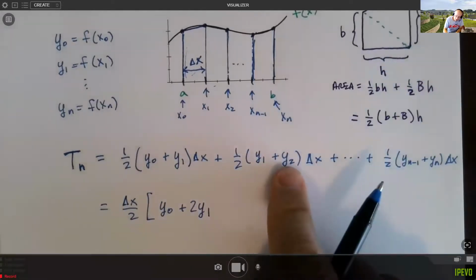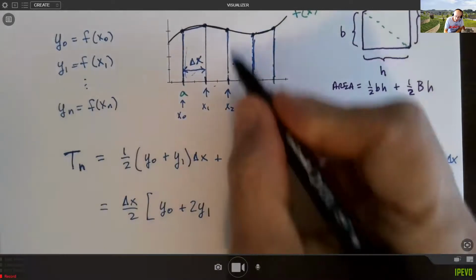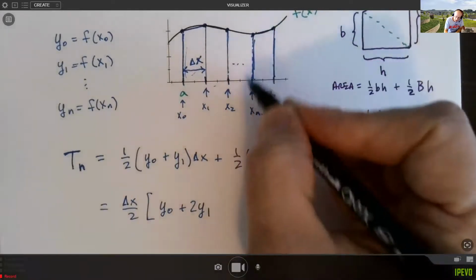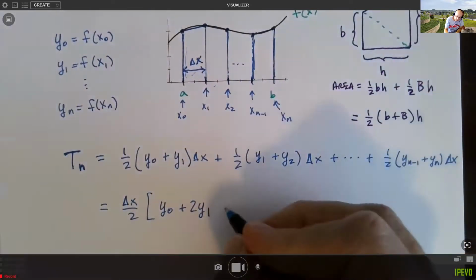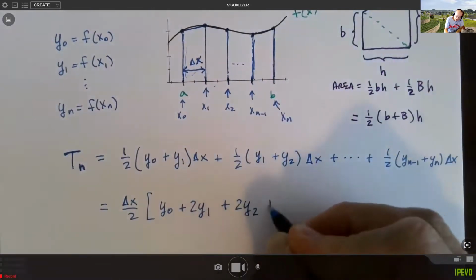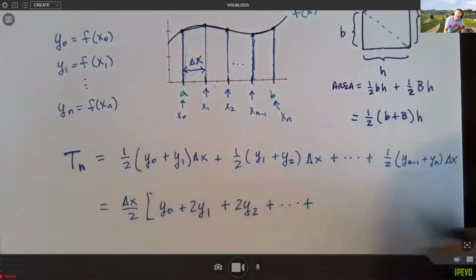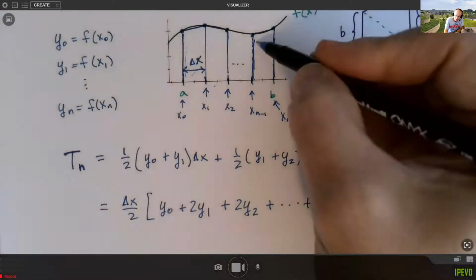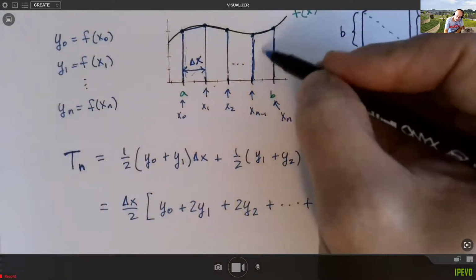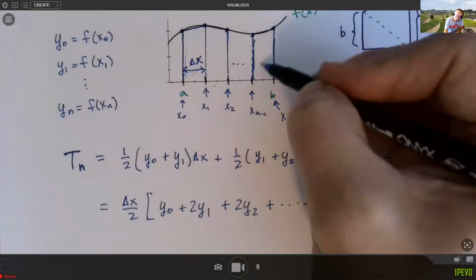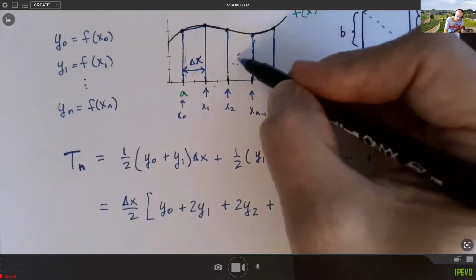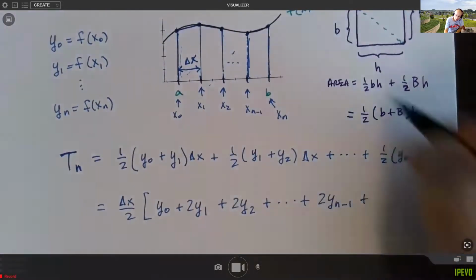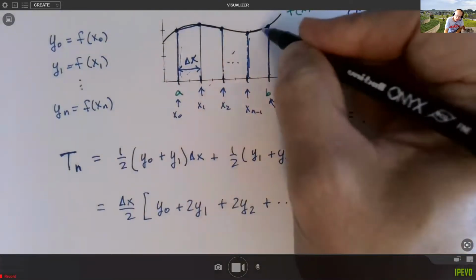And I'll have a y sub 2, and then the third trapezoid over here has y sub 2 plus y sub 3, so I'll have y sub 2 plus y sub 2, or 2 y sub 2. And so on. That will continue until I get to 2 y sub n minus 1, because this y sub n minus 1 is in the nth trapezoid that we used, but also in the previous one, the n minus 1 trapezoid. And then plus y sub n, just one, because it's at the end and only used in one trapezoid.